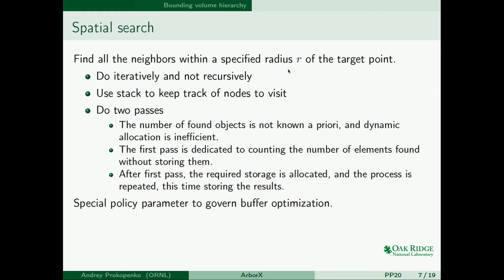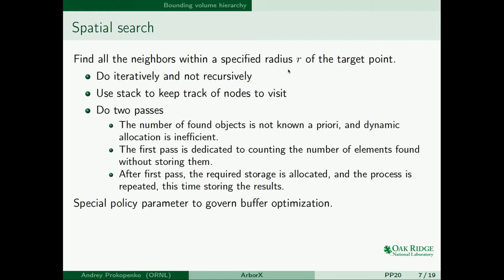And this is a specific case of a more general predicate where you have some function, and for every point you say either yes or no. It's a kind of predicate. The challenge with this is mostly on GPU because you don't know how many results it will produce before you actually run it.